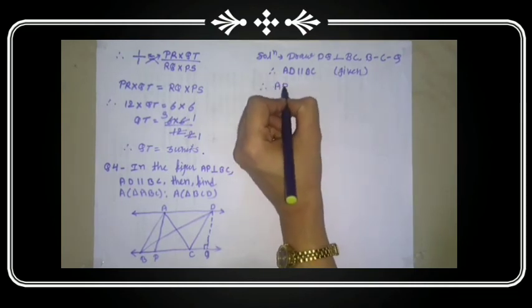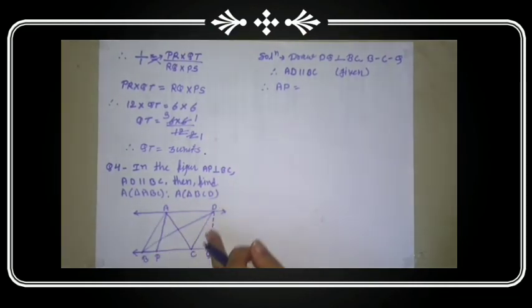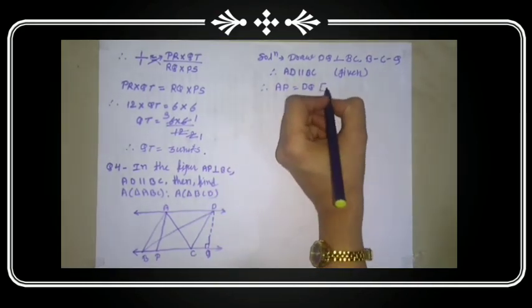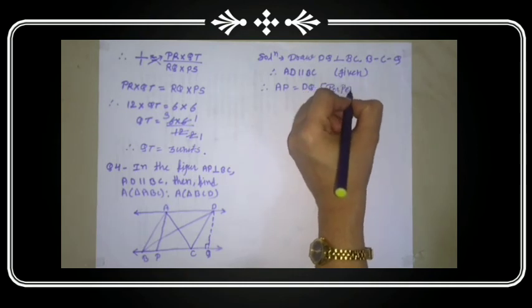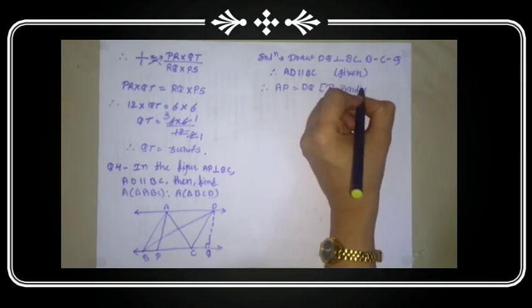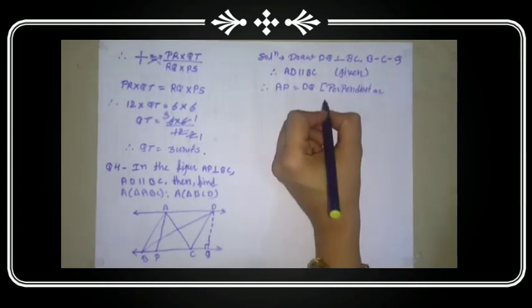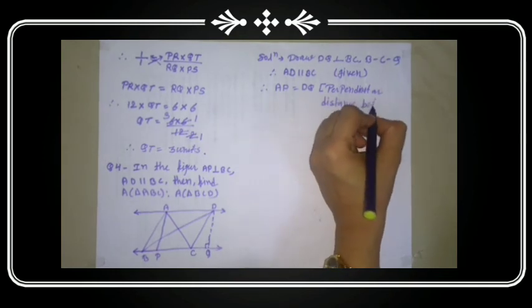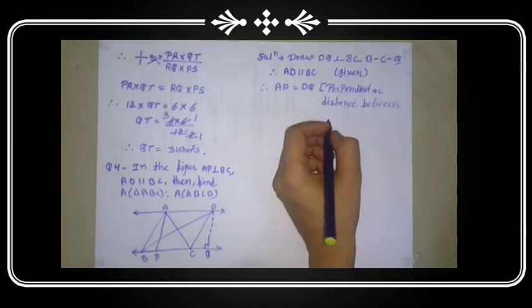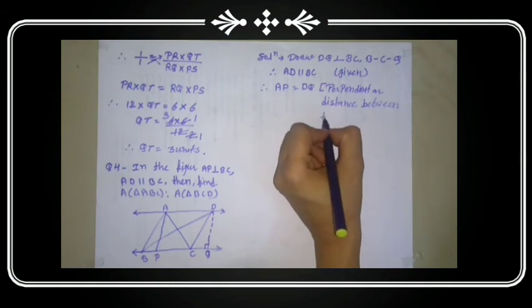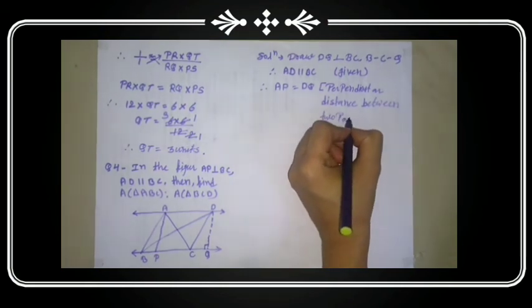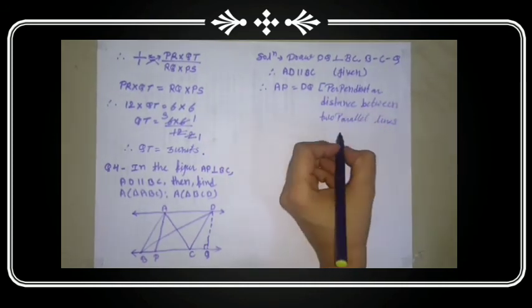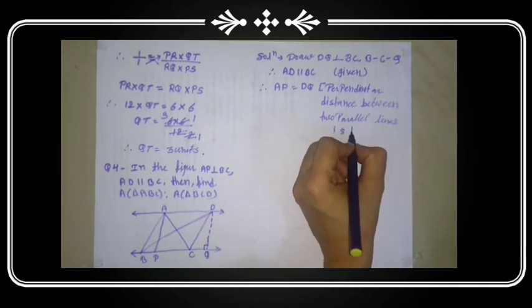Therefore, AP equals DQ. Reason: the perpendicular distance between two parallel lines is the same.